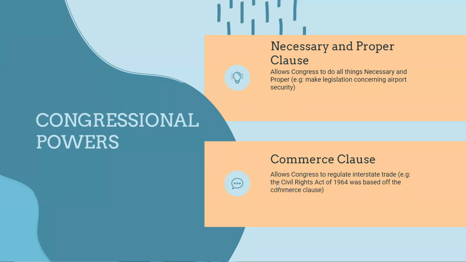So for example, the Civil Rights Act of 1964 was based off the Commerce Clause because they found, I think, segregation or something, to impact the economy and interstate commerce basically. So that's a really implied way of thinking of it, but it just did give Congress a lot of power.